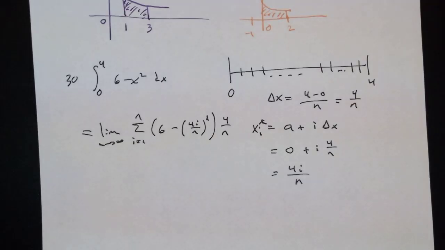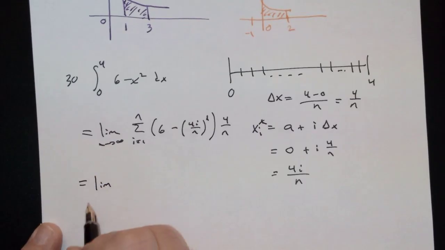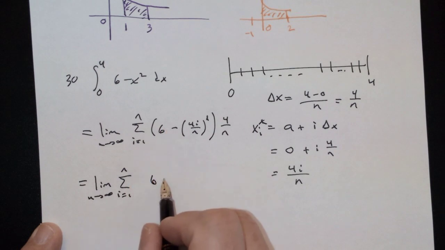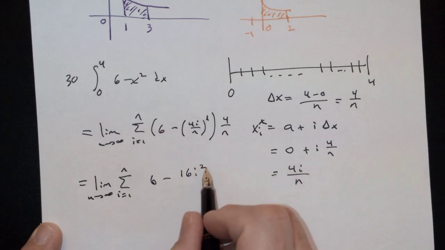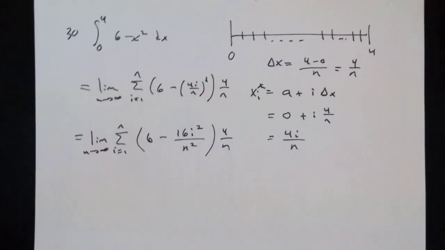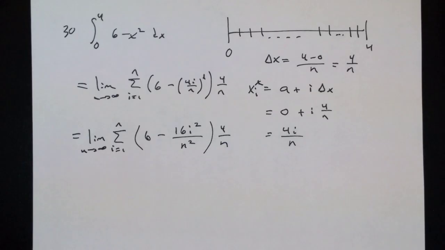Everything for the next 5 or 6 lines is just algebra. I need to square the thing that's squared. I need to take the 4 over n on the outside of the parentheses and put it into the parentheses. Square a fraction means you square the top, you square the bottom. 4 squared is 16, n squared and i squared.